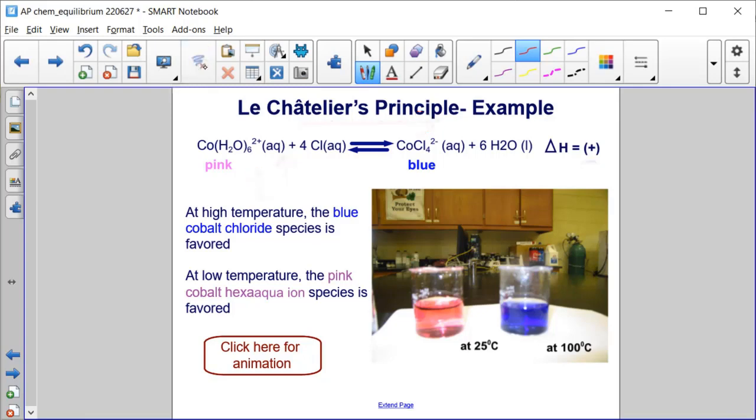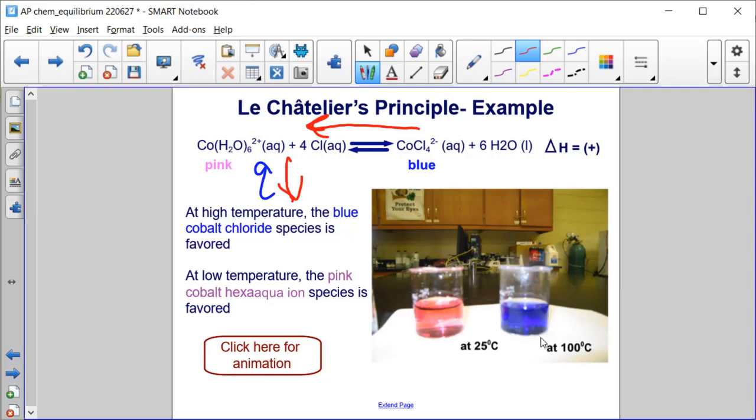If we decrease the temperature, or we have low temperature, we remove some heat, right? We're going to shift the equilibrium towards the left in order to put back that heat which was removed. So if we shift the equilibrium to the left towards the reactants, then the solution will be pink because the cobalt hexa aqua ion species is favored.